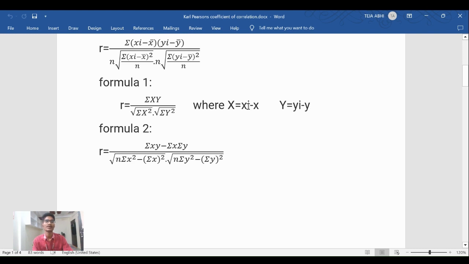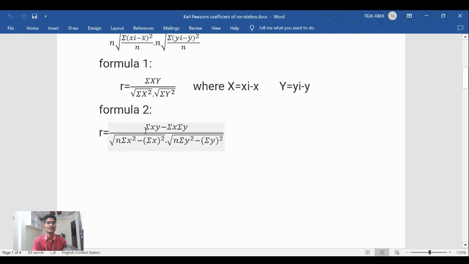Here xi is the value of x at a particular point, x bar is the mean value of x, yi is the value of y at a particular point, and y bar is the mean of y. For the summation of capital X square, I have to find the values of X and Y using these two formulas, then find the values of X square and Y square, and then add the values.